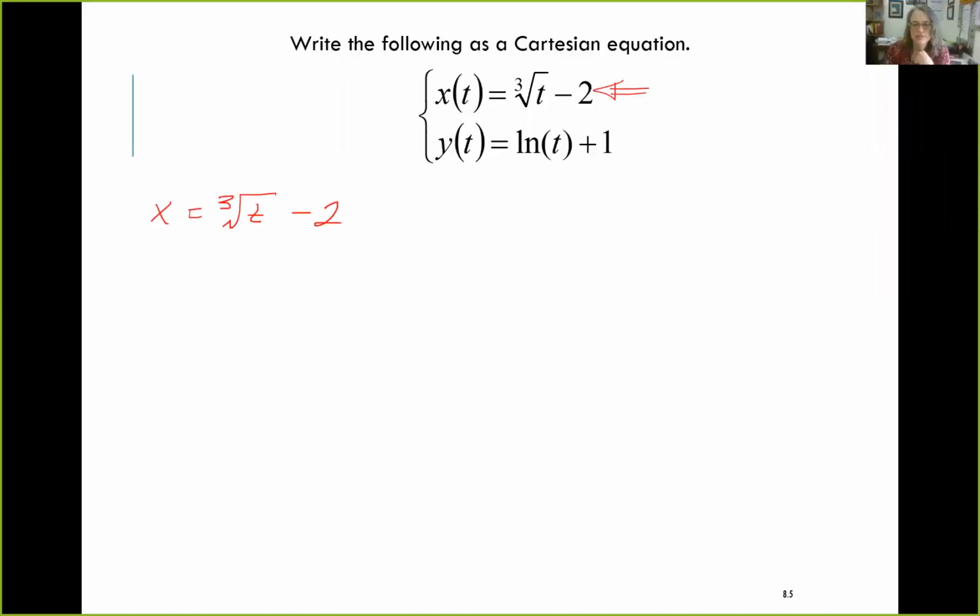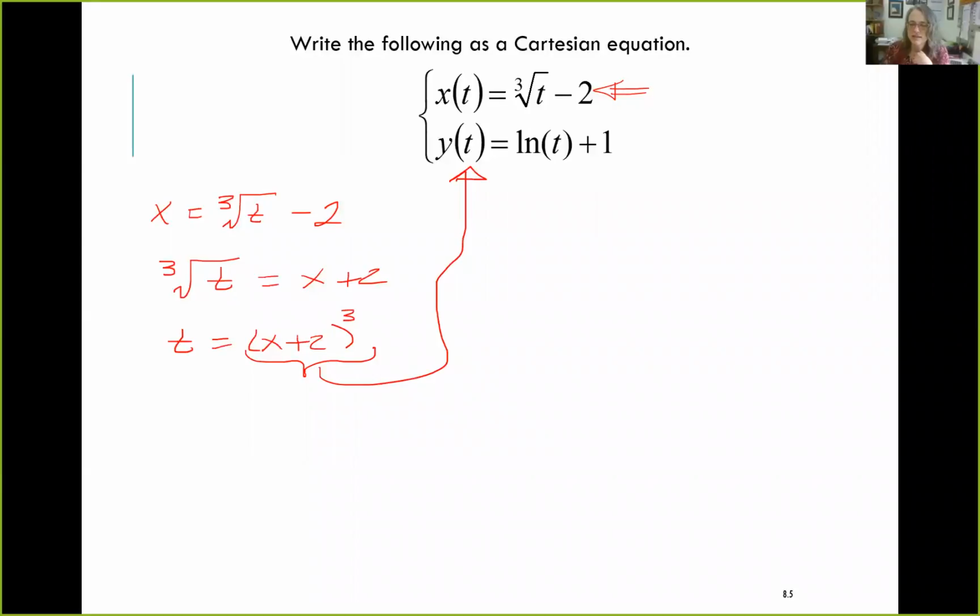That means the cube root of t equals x plus 2. So t equals x plus 2 to the third power. We'll take this expression, plug it into the second equation in the place of t, so we get y equals the natural log of x plus 2 to the third power plus 1.